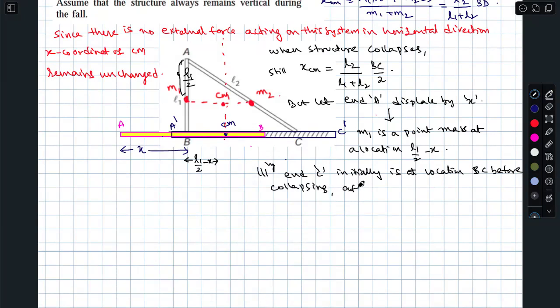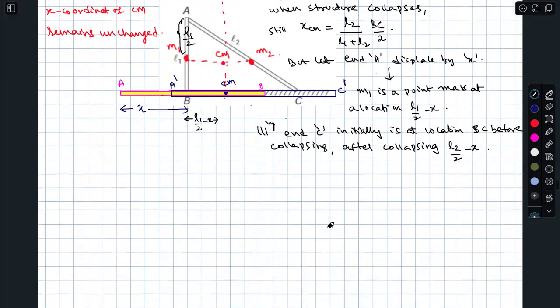Okay. After collapsing, what is the location of that? Same, L2/2 minus x. L2/2 minus x. Now we will take XCM again.